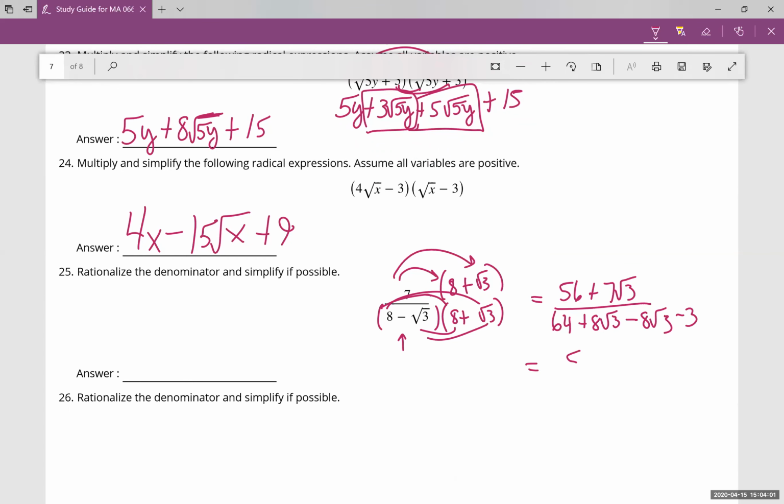So on the top here, that's as far as that can be simplified. On the bottom, notice these two middle terms cancel each other out, which is exactly what we want. And we have 64 minus 3. Okay, so that is the final answer, 56 plus 7 square root 3 divided by 61.